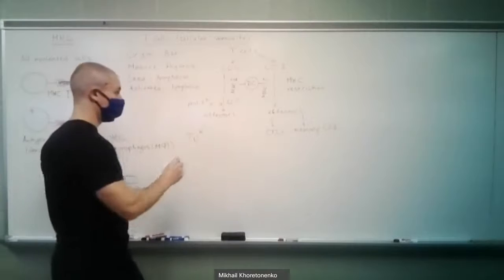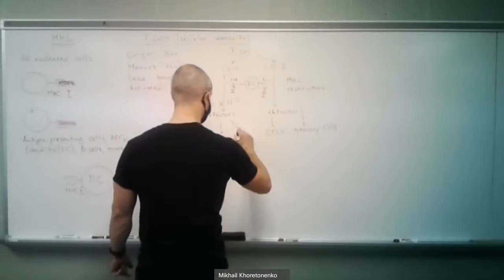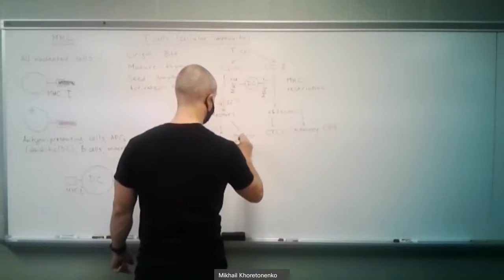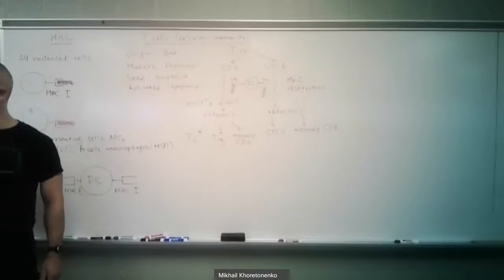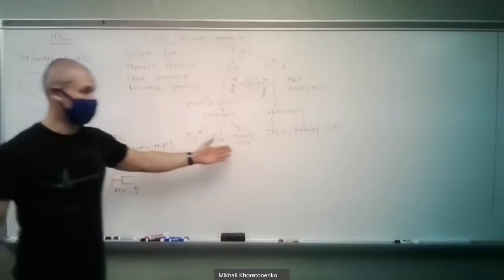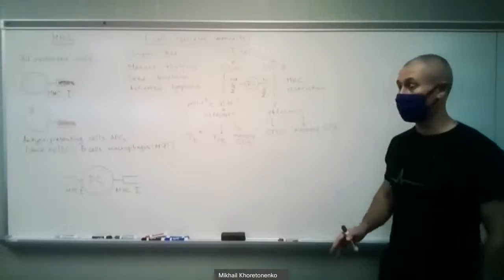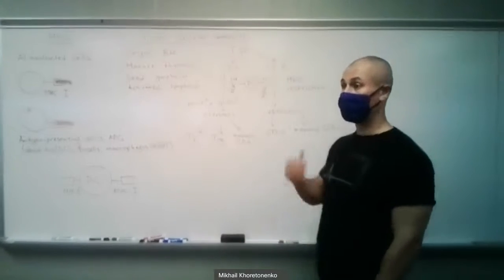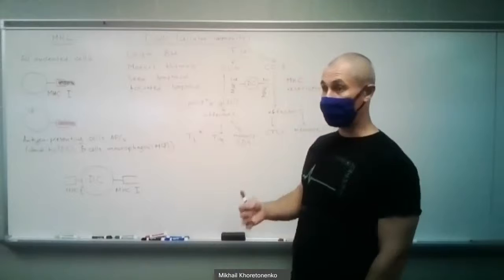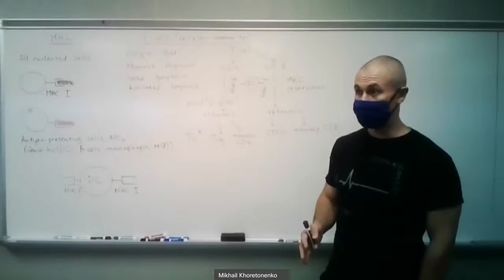T helper cells, T regulatory cells, and memory CD4. Are you following me so far? Good? I'm not going to touch on the memory cells. It's kind of obvious, but that's your immunological memory. What are the T regulatory cells? T regulatory cells dampen the immune response. They prevent the immune response from going out of control. Does that make sense? Clear?